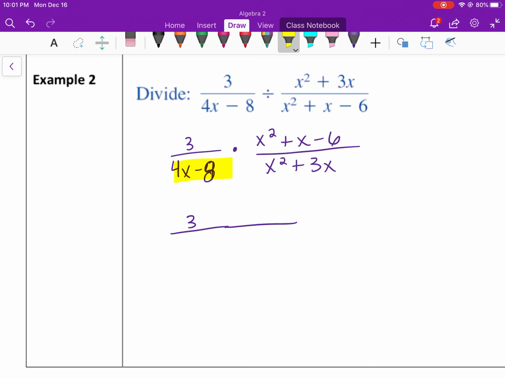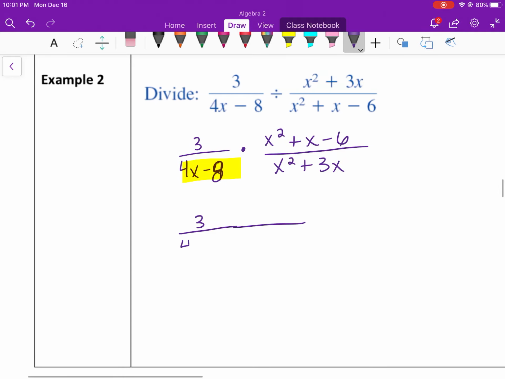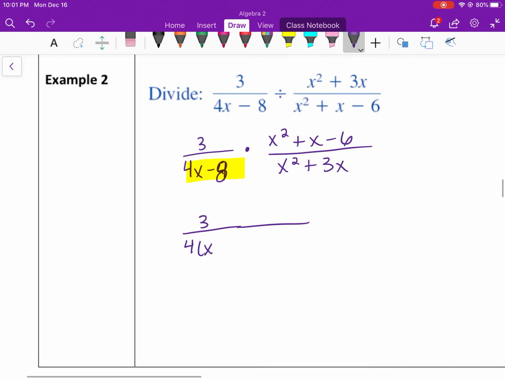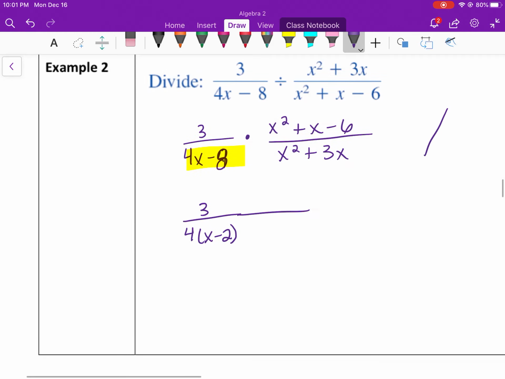This piece right here, I can take out a 4, be 4 times x minus 2. What multiplies to -6 but adds up to 1? That would be -2 and 3. So this top trinomial here will be x minus 2 and x plus 3.